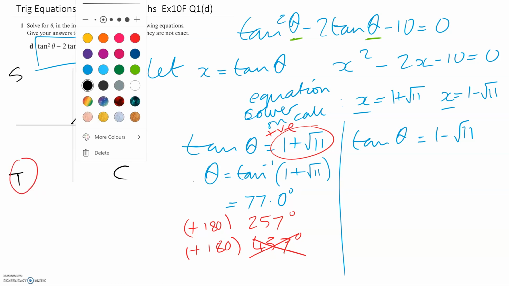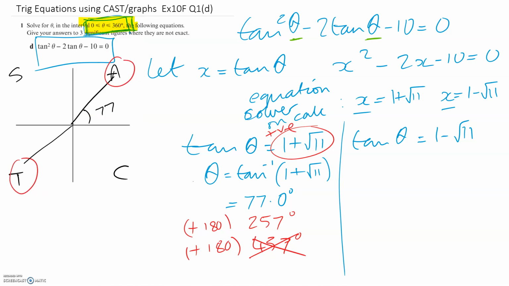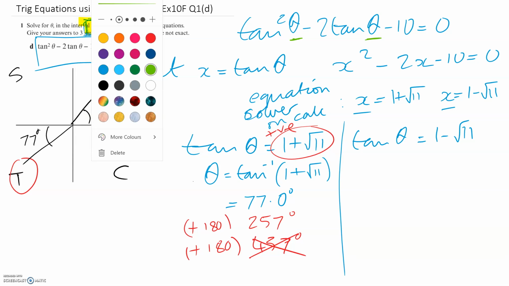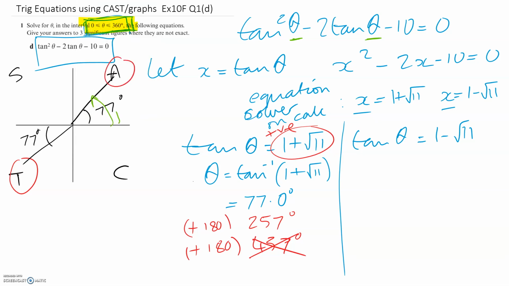So you would draw a line down here. This would also be 77 degrees. And so you would find all your angles the way you normally do. We would get 77. This would give us 257, and so on. So you can see why you just keep adding 180s. This should just be a straight line, really. Okay, so that's why you keep adding 180s.